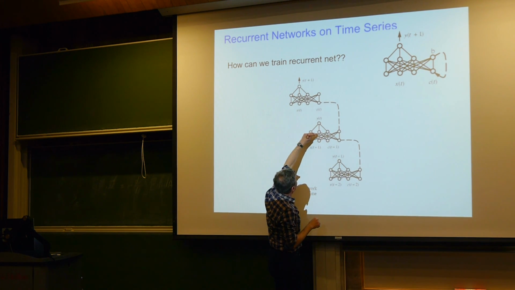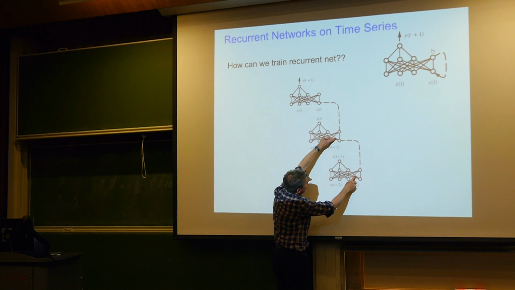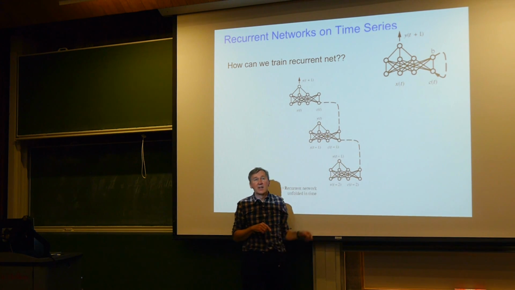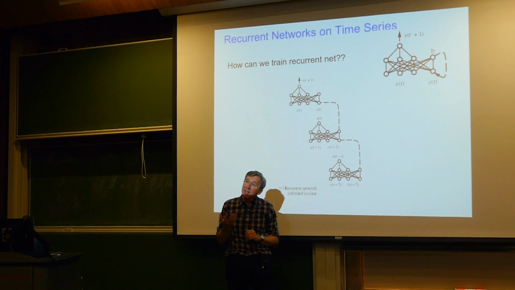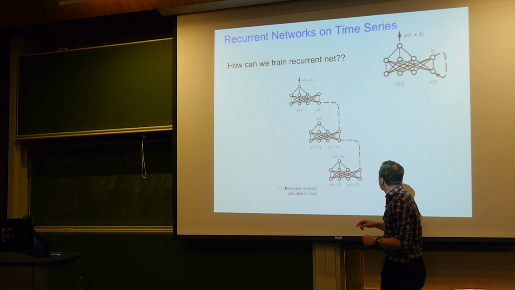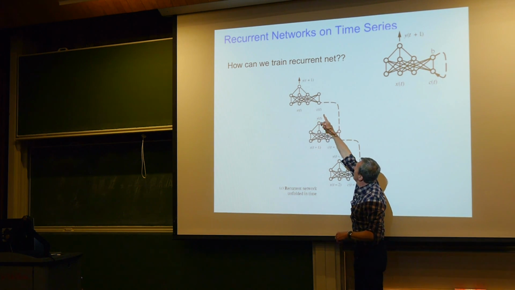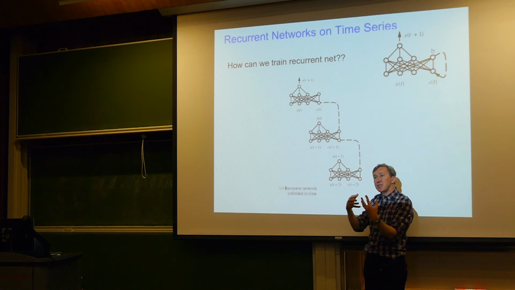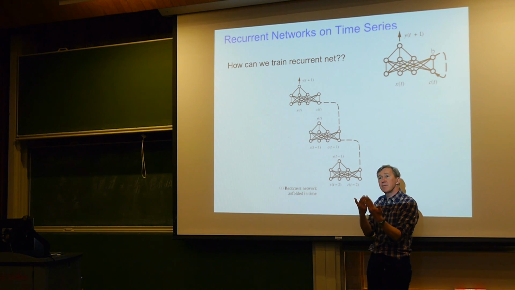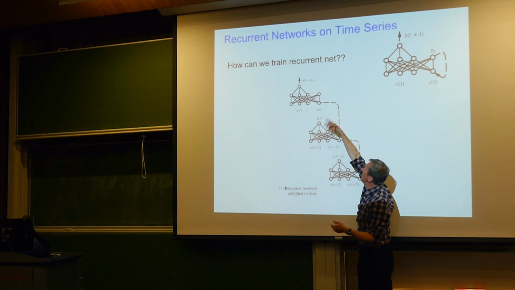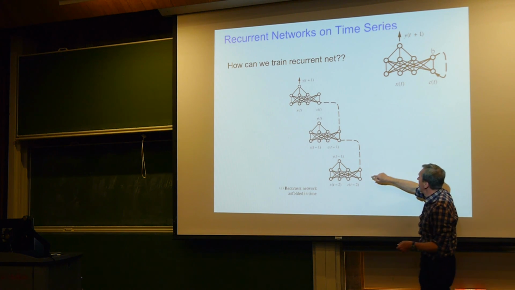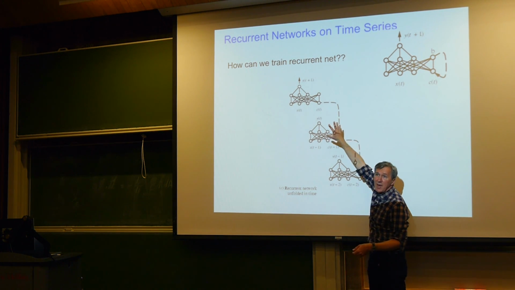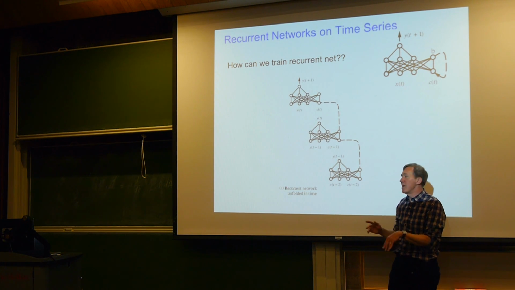And similarly, this and this should be the same weight in the final network. So I can unwind it, but as I'm doing the stochastic gradient descent, on each step, when I make an update to these different weights, I force them to share the parameter. I force them to share the same weight. So I'll update these, and they might get different updates in this unfolded network. But in the end, since I want them to be one thing, I take the mean of their values after the updates, and I assign each of them the same average of their updates.